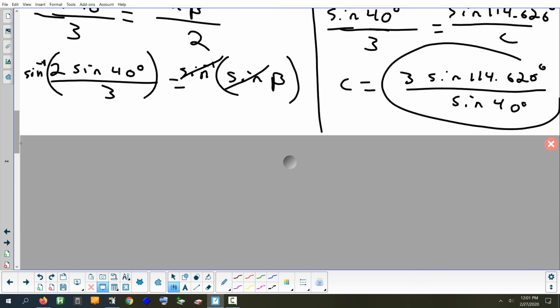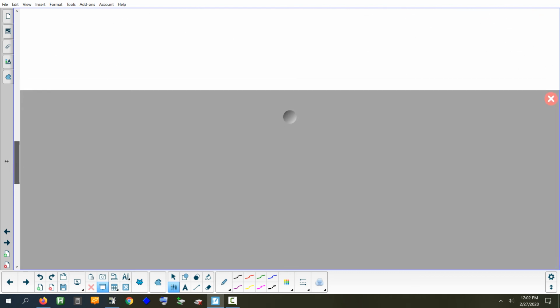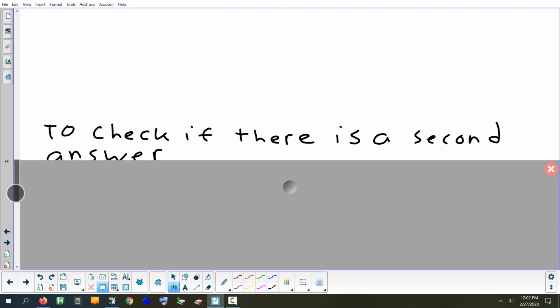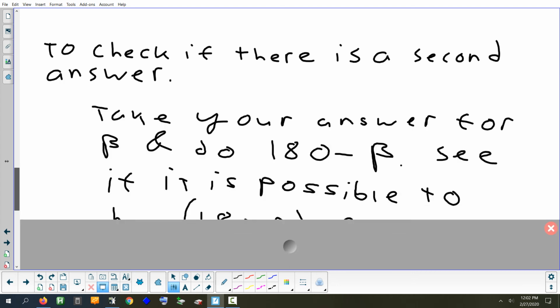So the key that some people get messed up with, probably not you guys as much because we've been doing the ASTC chart, is how do you get the second answer? Well, you guys, we've been doing that all week. So when I show this in like intro to trig, they never have seen the ASTC chart. So it's the first time they've ever subtracted from 180. But if you need it, I'll put it in the video, but you guys should already know this.